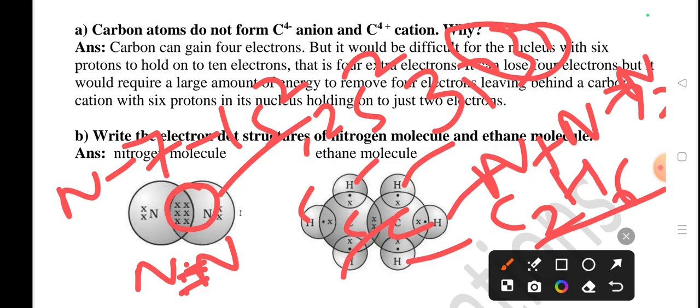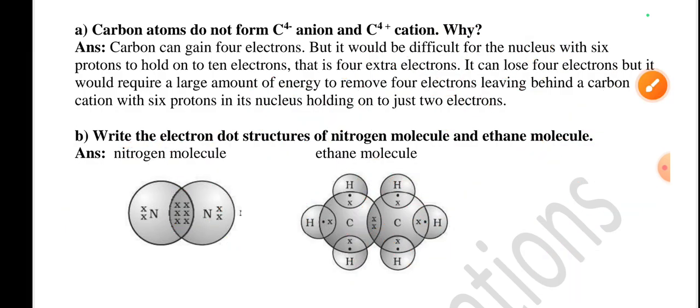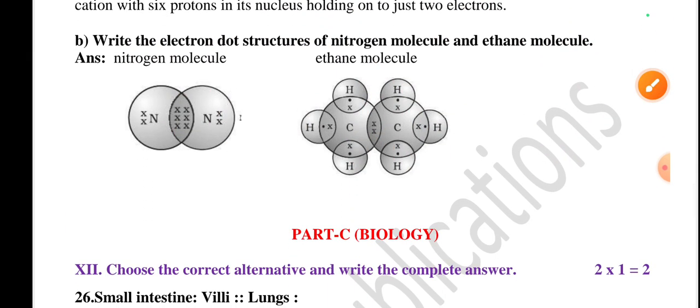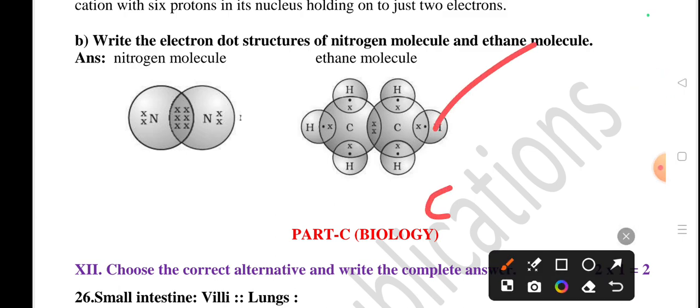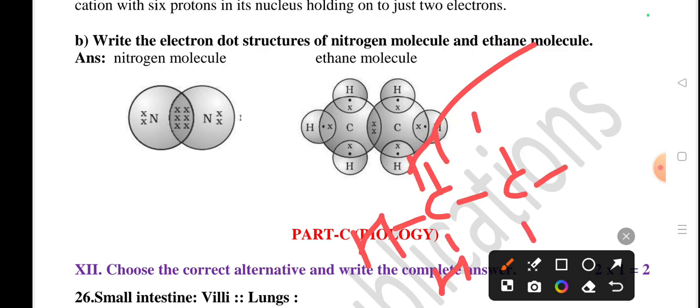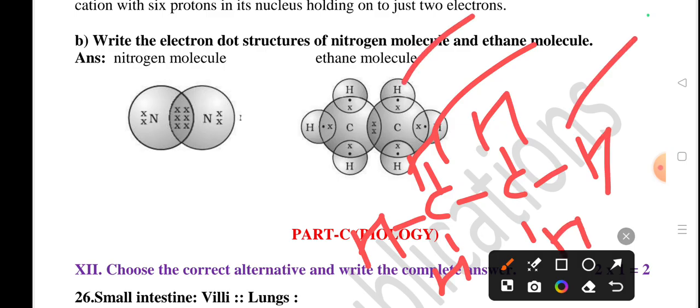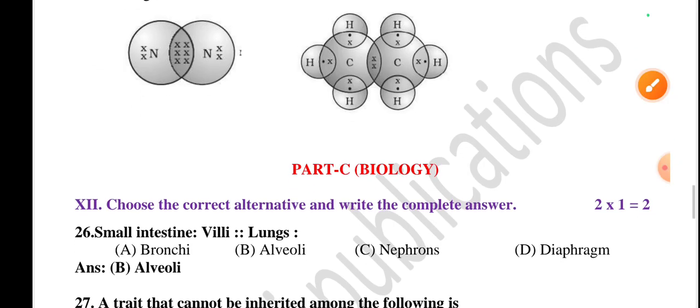Okay, and between each carbon and hydrogen, a single bond is there, and between carbons, a single bond is there. Very sorry, between carbons, a single bond is there. Okay, this is the dot structure. This is the structural formula. H, H, H, H, H, H. Okay, this arrangement only is shown in the dot structure.